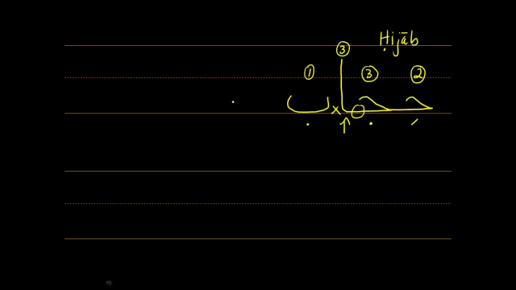Now let's write it again. Have our ha with a kasra, hi. Our jim, the dot, our alif, and our ba. Hijab.